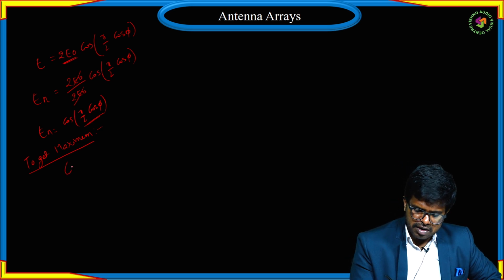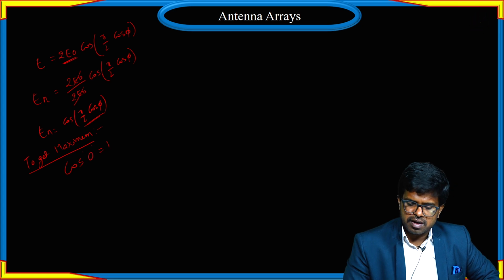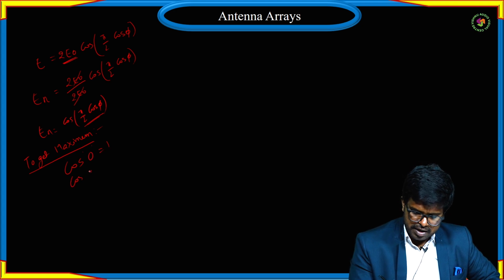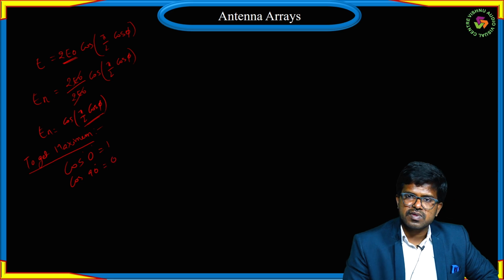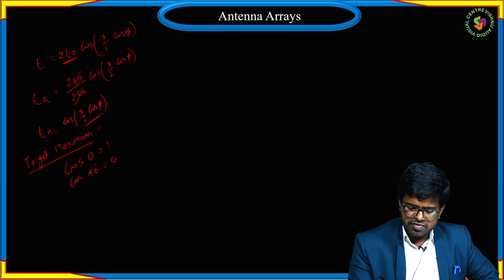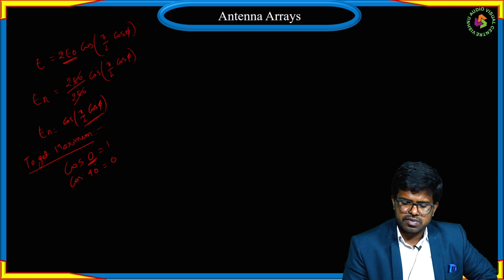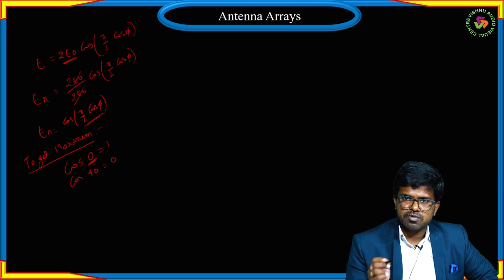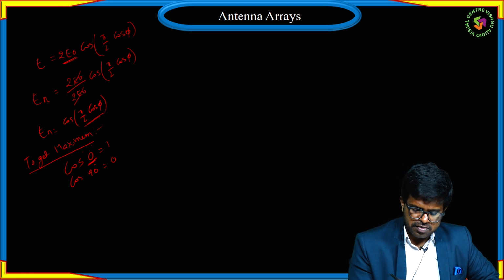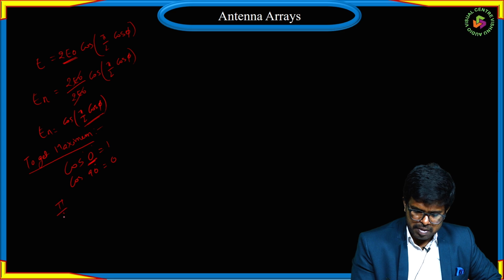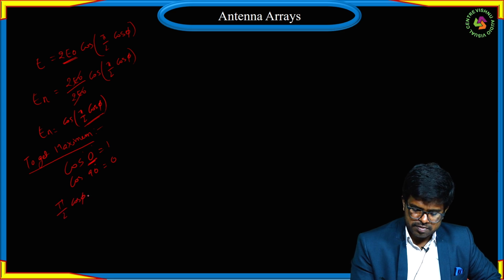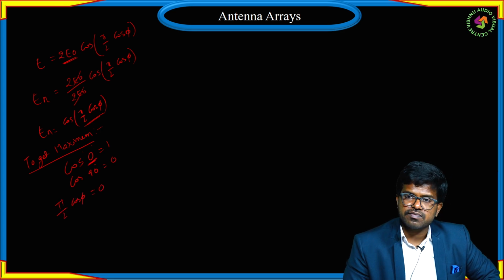In the cos terms, cos 0 is equal to 1 and cos 90 is equal to 0. So the bracket value should be equal to 0 to get the maximum value: (π/2) cos φ should be equal to 0.